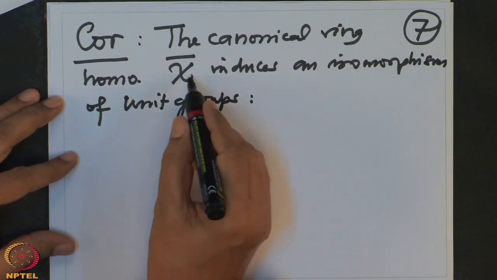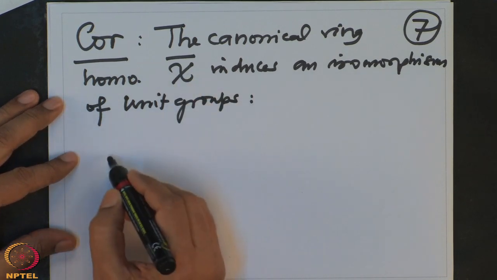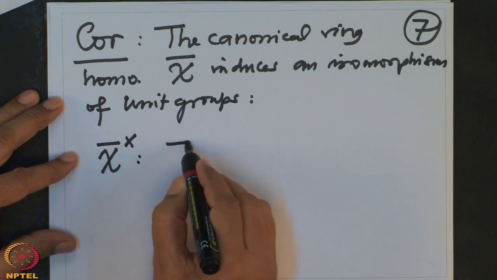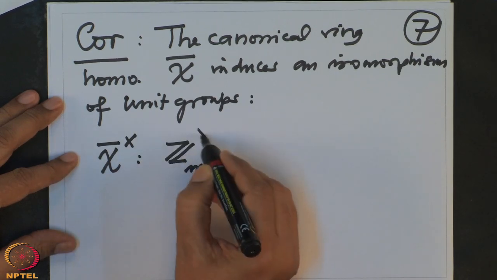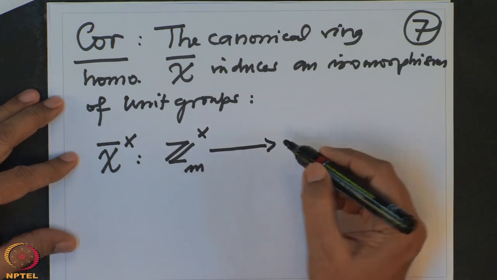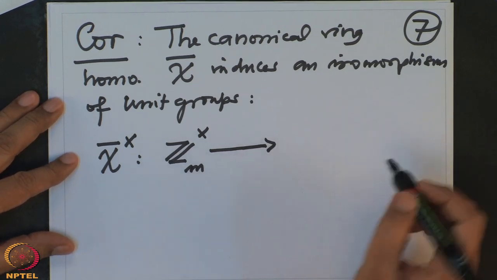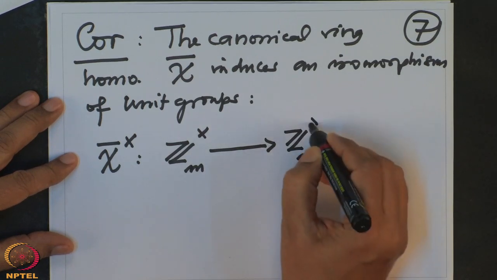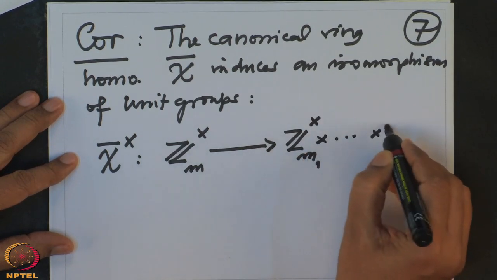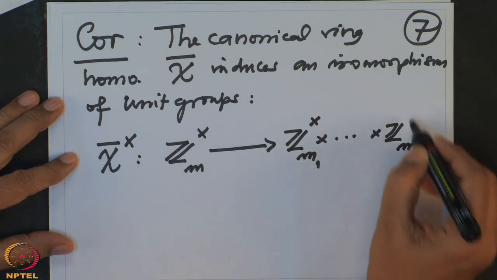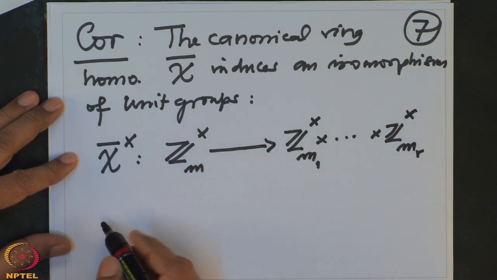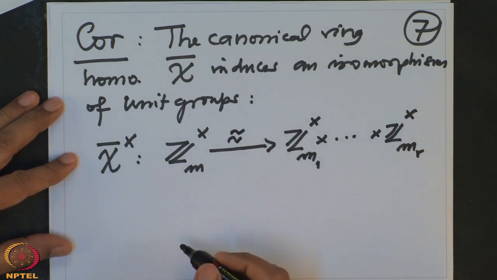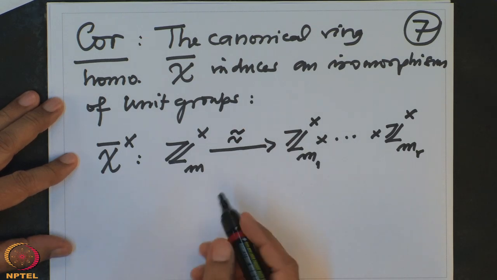That means this chi bar was from Z mod M. So the unit group, that notation is chi bar cross, this is Z mod M cross, to obviously the product ring, the units are precisely the units in each component. That means this is the unit group of that product ring. This is an isomorphism, because at the ring level it is isomorphism, so at unit level it is an isomorphism.